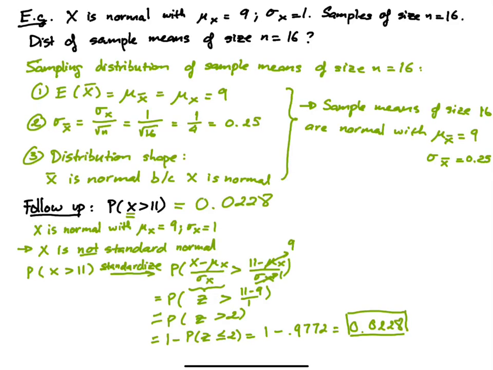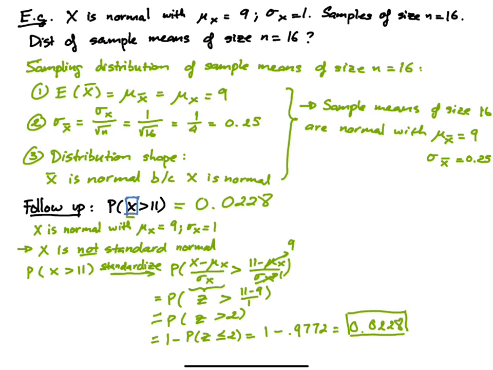Okay, before we start with another example, I just want to go back to the previous example and reiterate an important point. If you look at this part of the problem, we were being asked for the probability that x is greater than 11.